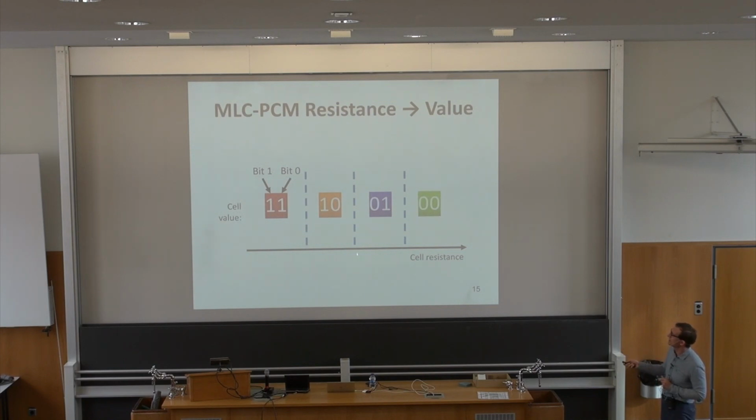For example, you apply a read reference voltage over here, and you figure out whether you're here or here. And then once you figure it out, you apply the read reference voltage either here or here. And then you figure out which of these 4 states you're in. So you could actually do a hierarchical method like that.